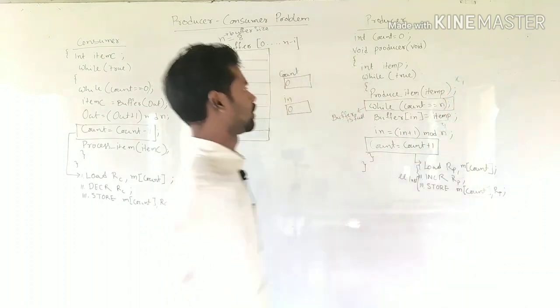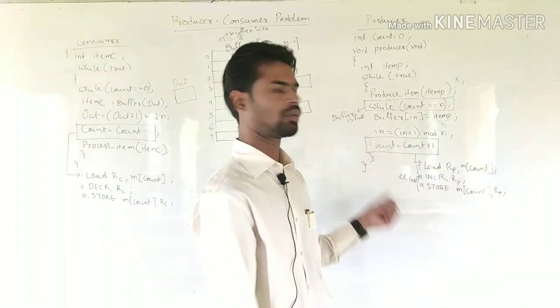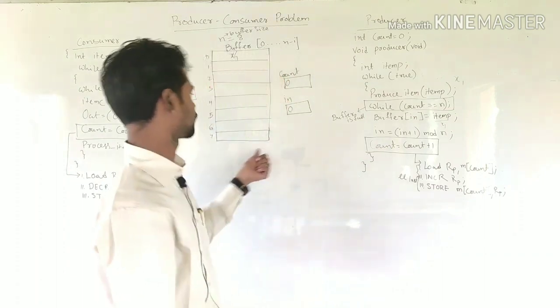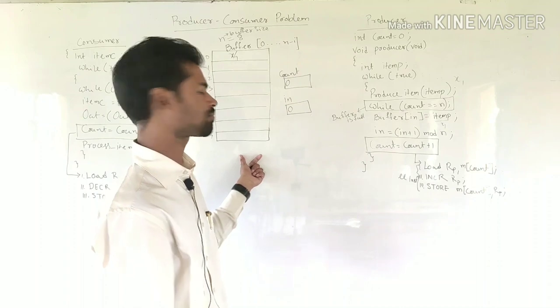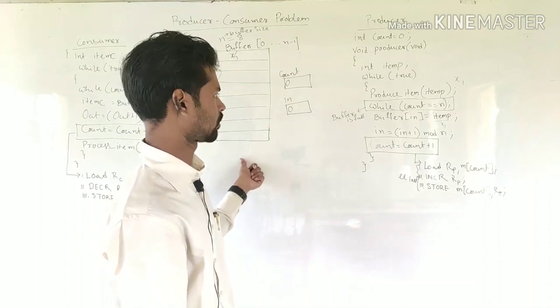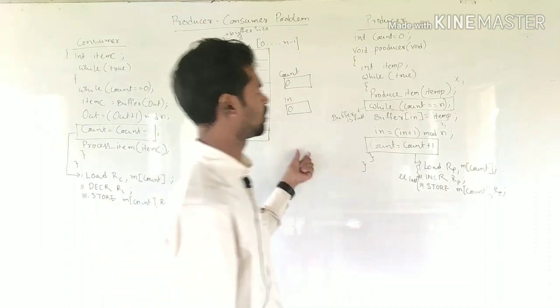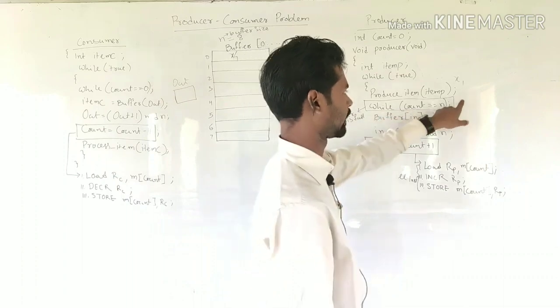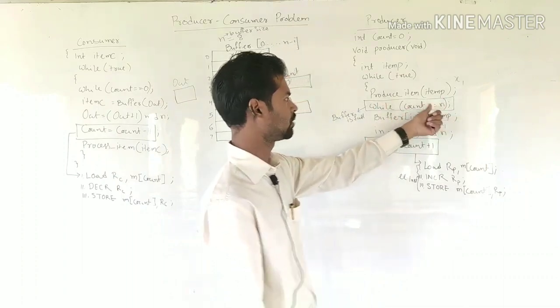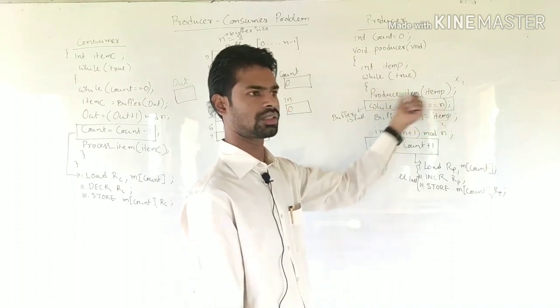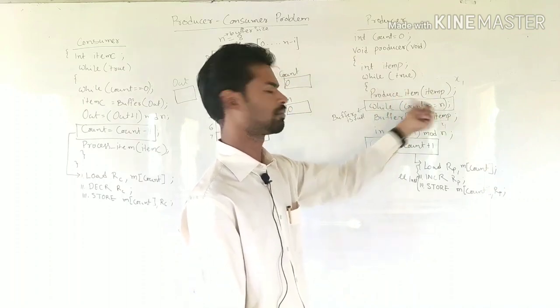While count is equal to n, we are checking whether buffer is full or not. If buffer is full, then the while loop keeps executing. This is a self loop. If this is true, then the while loop will continuously execute the same statement.